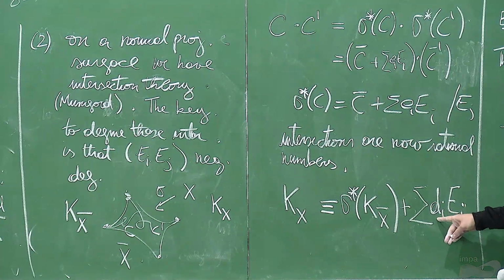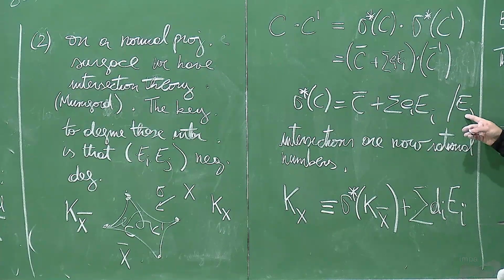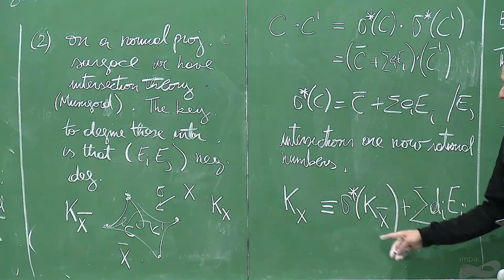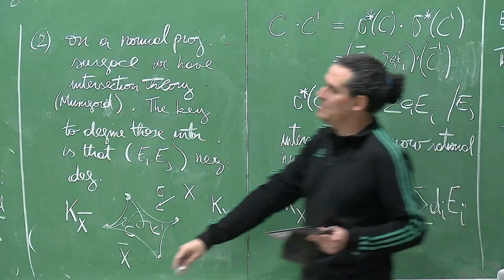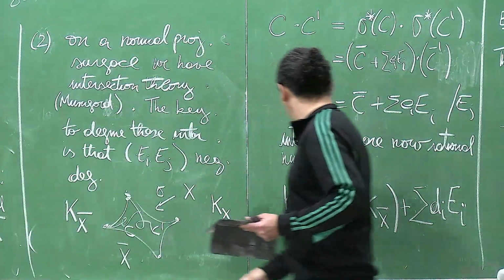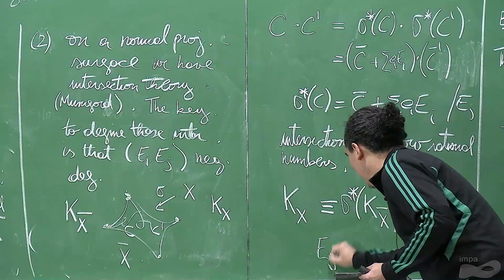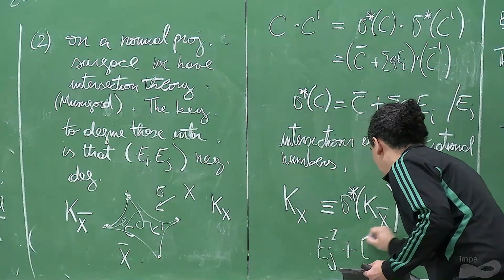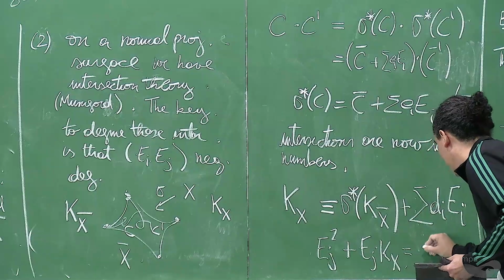And how do you compute these DIs? Well, it's the same. You just intersect with the EJs. This is a pullback, so here you have 0. And I'm thinking about only the cyclic quotient singularities. By the adjunction, you have EJ squared plus EJ dot K equal to -2.